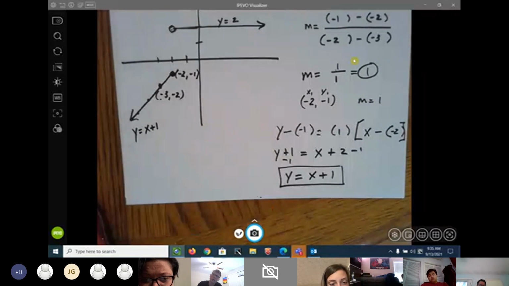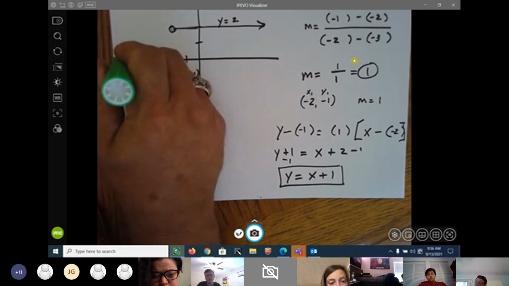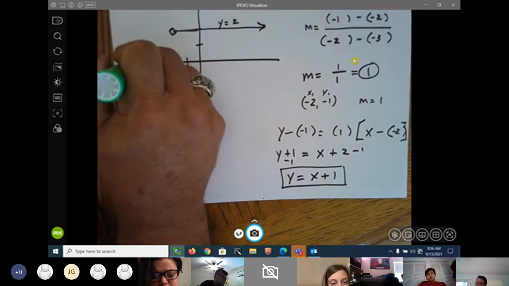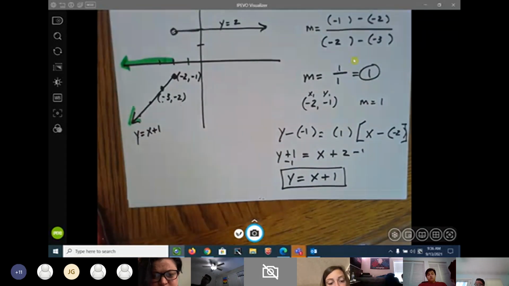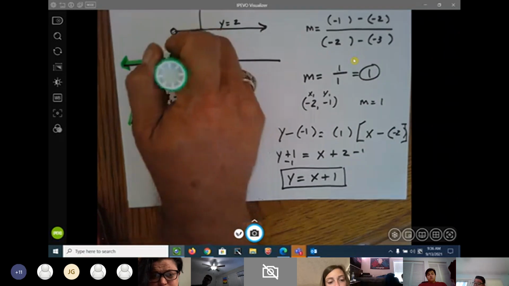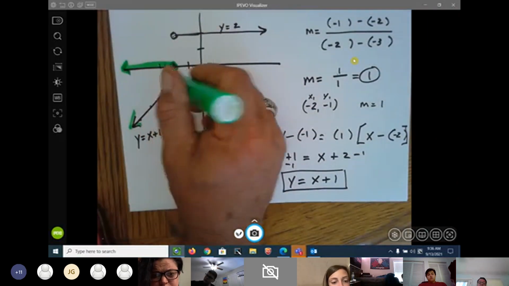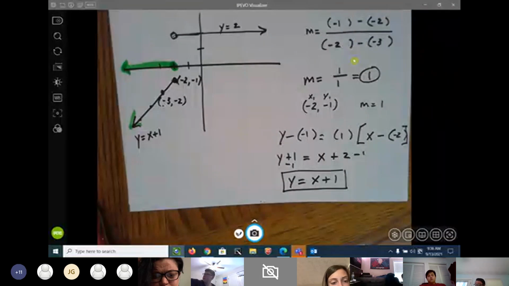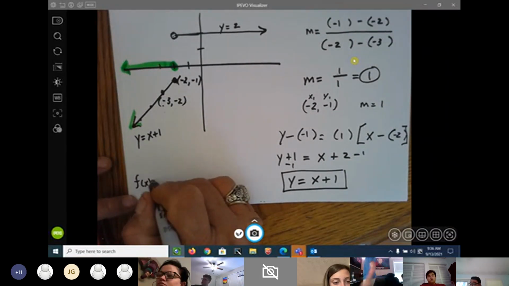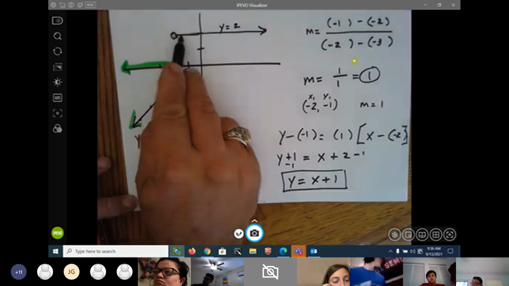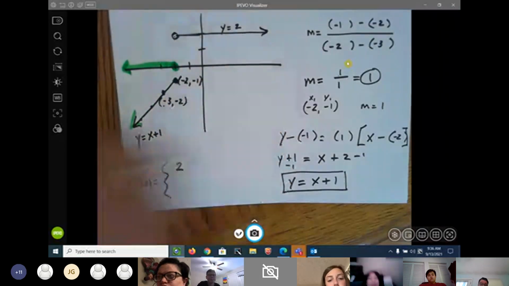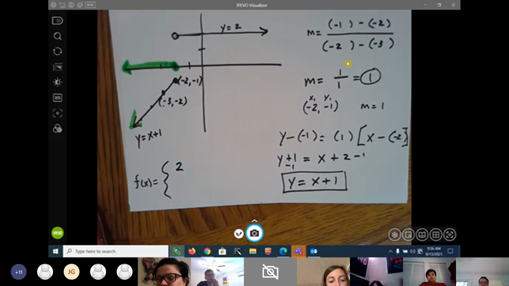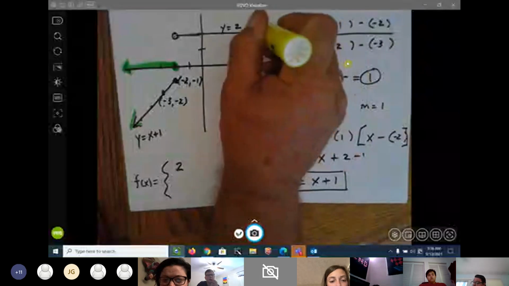And what numbers of x are we using for this function? Well, it's pointing this way, so that means we can use all those numbers up to what? -2. And we can use -2 because that circle is closed. So f of x is equal to, we've got this y is equal to 2. And what can we use for this number right here? Well, this arrowhead is pointing this way.